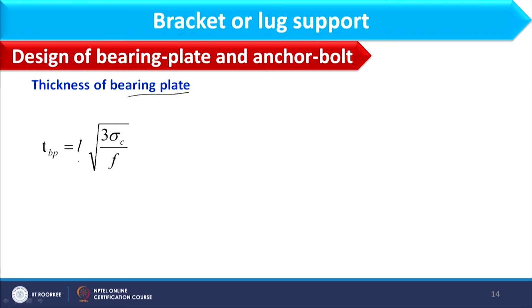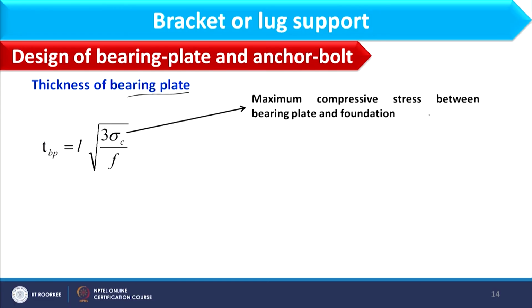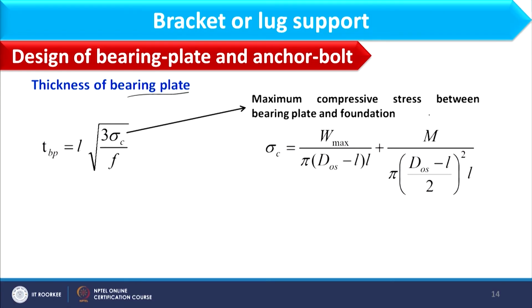So first we will see the design of the bearing plate, and then we will focus on whether anchoring will be required or not, and what the condition is to check it. So let's start the design of the bearing plate. The thickness of the bearing plate can be computed by this expression, where TGP is equal to L root over 3 sigma C by F, and sigma C is the maximum compressive stress between the bearing plate and foundation, which is given by this expression, where W max is the maximum possible load, divided by pi DOS minus L into L plus M by this expression.